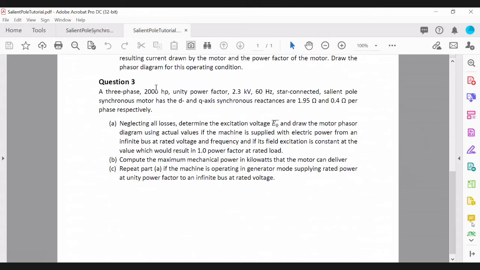So in the last question, we're looking at both cases, one in motor operation of the salient pole machine, and we will also repeat it in generator mode, just to show you how you go about drawing the phasor diagram and working out the excitation voltage when the machine operates at unity power factor.